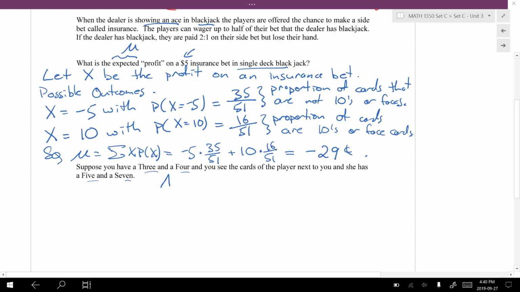Let's write that down. So we know an ace is out of the deck because the dealer's showing an ace. There's also the 3 and 4 are out because we've got them in our hand. 5 and 7 are out because of your friend. So these cards are out of the deck already.